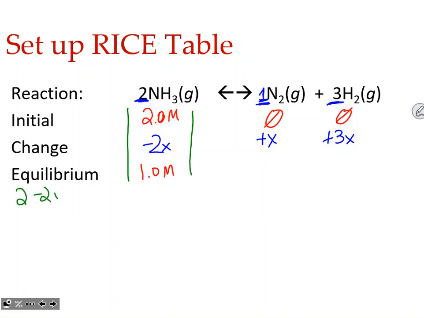So 2 minus 2x equals 1. What's x going to be? 1/2. Very good. So we know the equilibrium concentration of this one is 1/2. And we know this one is 3 times that, so 1/2 times 3 is 1.5.